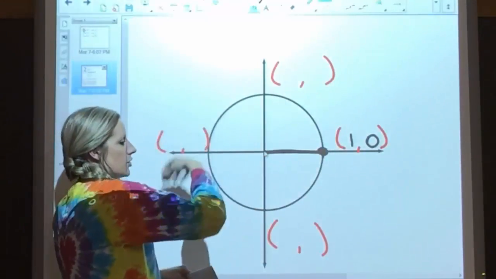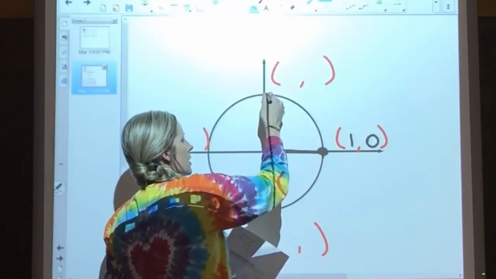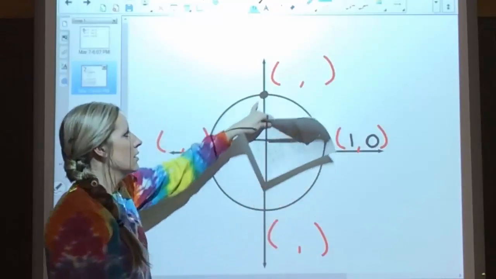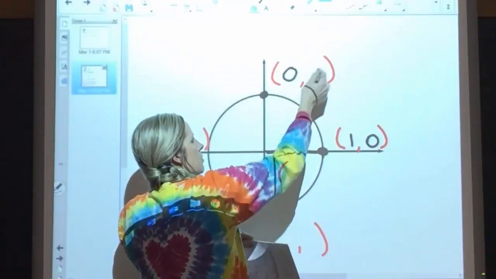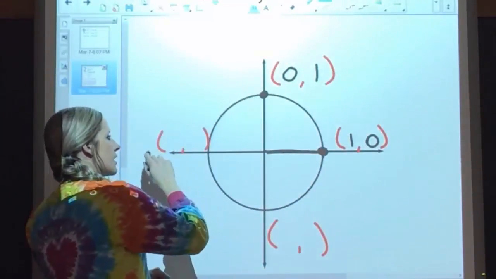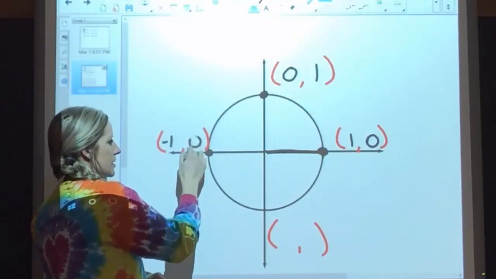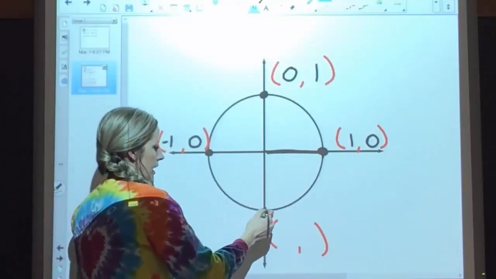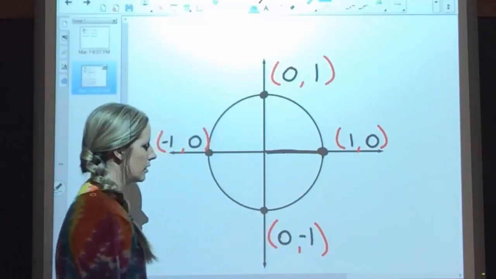So that's what we're going to do for this unit circle. For this point, my x would be 0 and my y would be +1. If I keep going counterclockwise, my x would be -1 and my y is 0. And x is 0, y is -1.